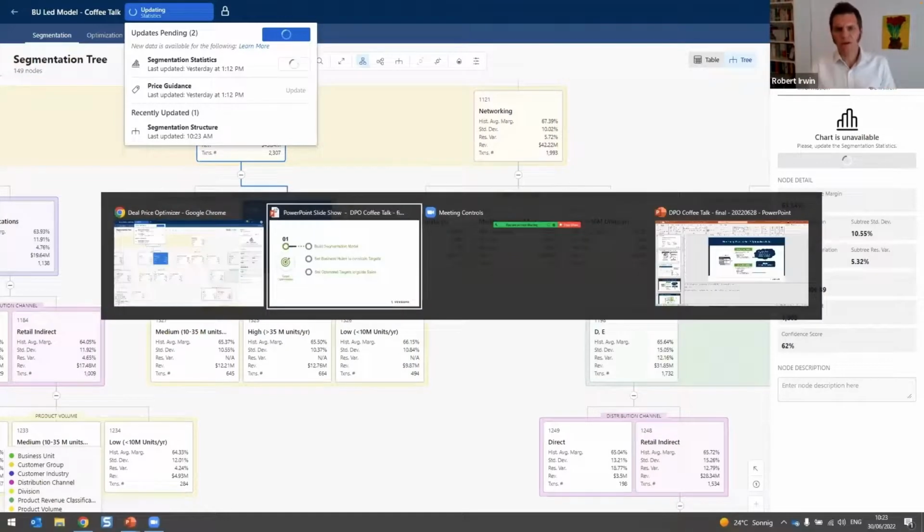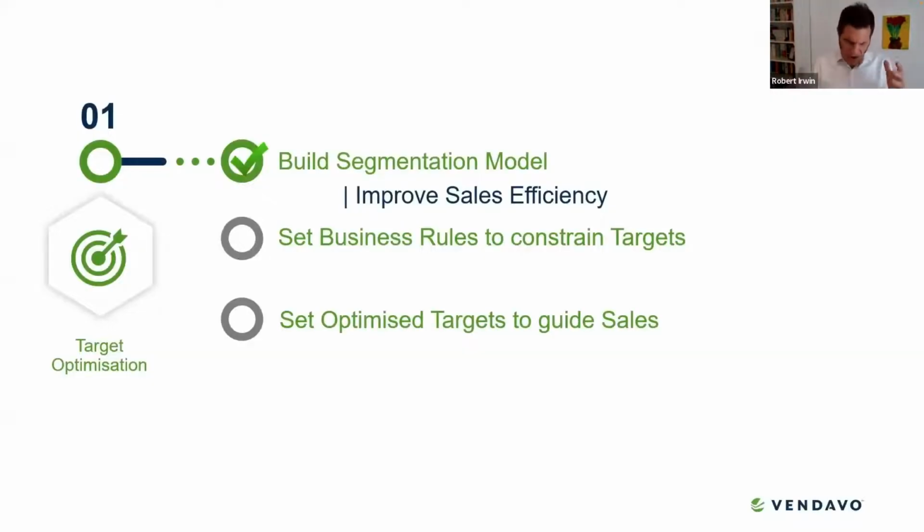So, build the segmentation model, improve sales efficiency. We see our customers able, through more accurate target guidance on the basis of segmentation modeling, to not only drive higher levels of margin, but also reduce quote response time because the targets that the sales team are using are more accurate.